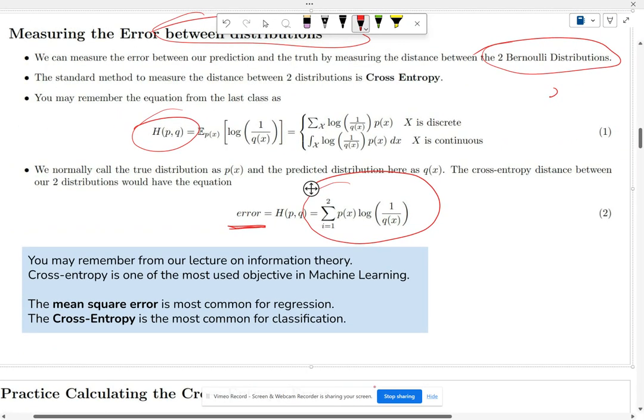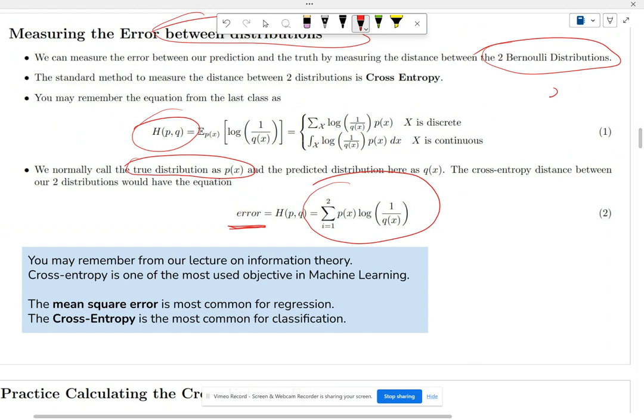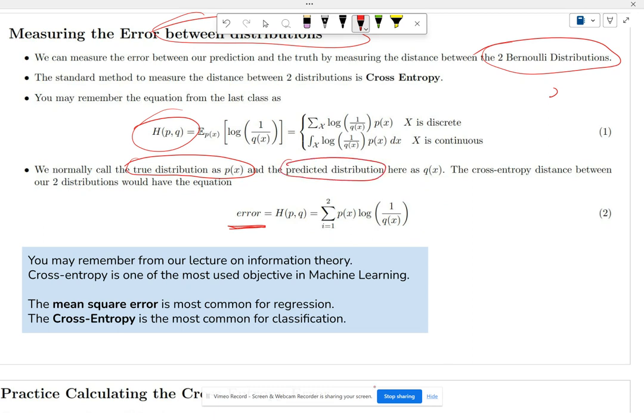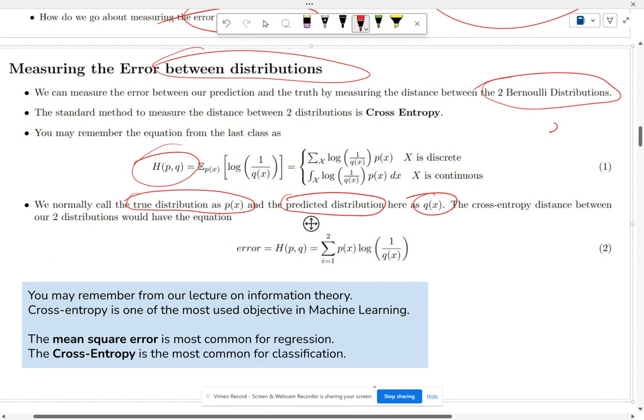What we do is we call the true distribution P of x. That's the true distribution. And we can just let our predicted distribution be Q of x. Then the error between our prediction and the truth can be described with this equation. Now, if there are two samples, because this is Bernoulli, there are two options.